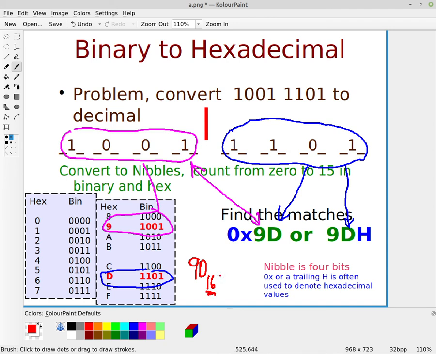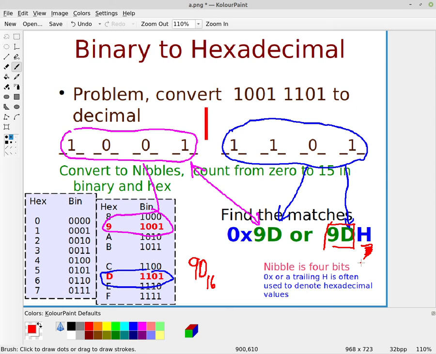Now the only problem with that is in a lot of programming languages or interfaces, you can't do subscripts. They're not Microsoft Word or some sort of word processor. And so to indicate that it is a hexadecimal number, you will see one of these 2 notations. You have 9D followed by an H, where the H implies hexadecimal.